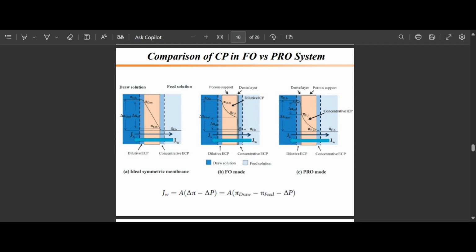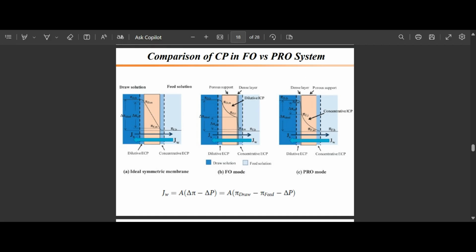So I said in case of FO it is JW, and the main purpose is water production. JW is KW NDP.